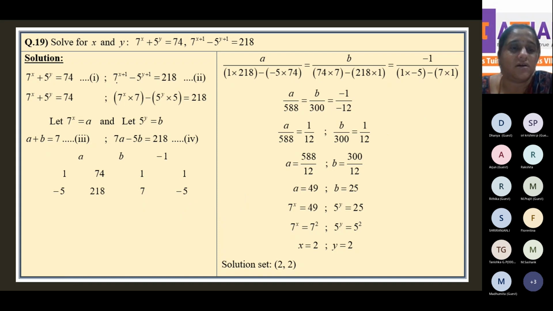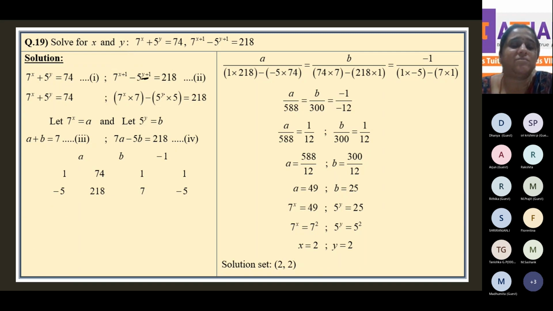So in this equation, you're trying to write the earlier step. If the result is 7 to the power x plus 1, it should have earlier been 7 to the power x into 7 to the power 1. Bases are same and it's multiplication, so you add the powers, 7 to the power x plus 1.